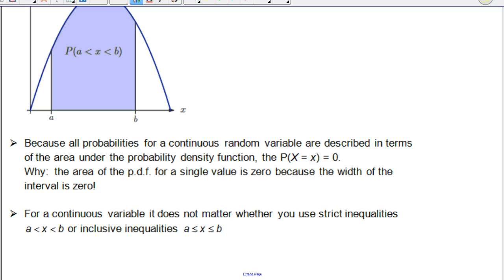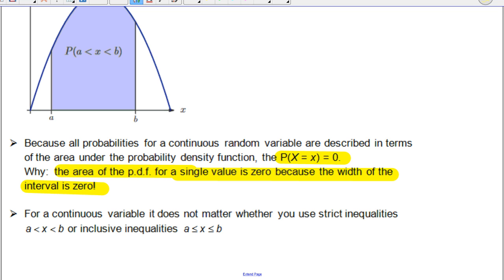Because all probabilities for a continuous random variable are described in terms of the area under the probability density function, the probability that x is equal to a specific value, for example x = 2, will be 0. Why? Because the area under the probability density function for a single value is 0, because the width of the interval will be 0.